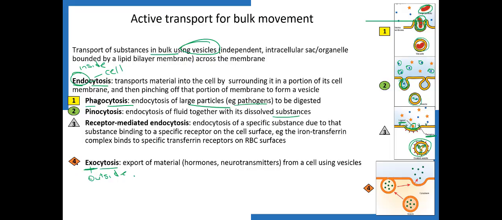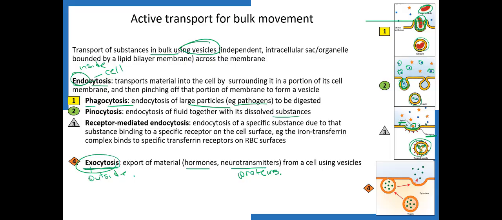When we transport substances in bulk out of the cell, it's called exocytosis. And so exocytosis occurs when the cell produces materials such as hormones and neurotransmitters or other proteins, and it wants to export it out of the cell.